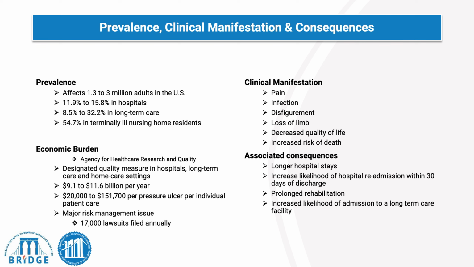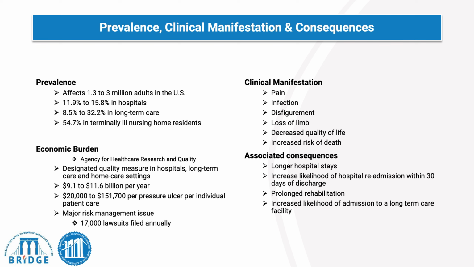That cost specifically ranges from $20,000 to $151,000 per pressure ulcer per individual patient per year. Pressure injury is a major risk management issue, and it accounts for as many as 17,000 lawsuits filed annually.